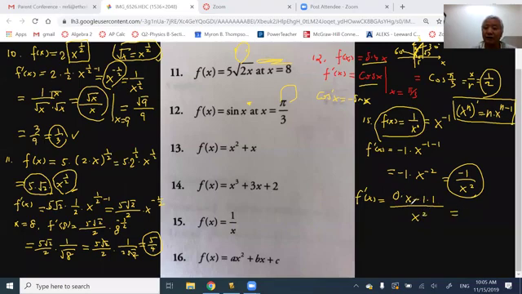Then 0 times x is 0, minus 1 times 1 is 1, that's negative 1 over x squared. Still the same answer as this one, okay? So let's move on to the next question.